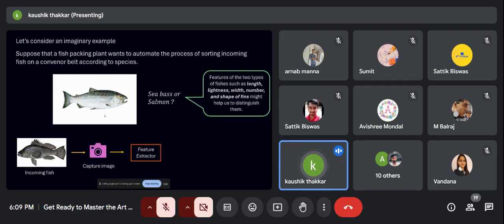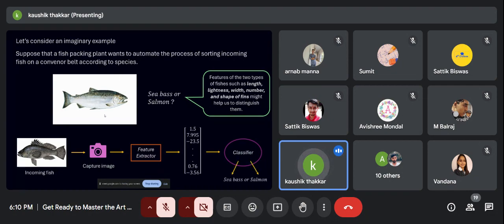So we can design such feature extractors which will identify the prominent features or prominent patterns from those set of numbers and convert it into a list of numbers which are called features. Now these features are given to a classifier, or a person, or a machine that decides based on these features whether this is a sea bass or a salmon, right?